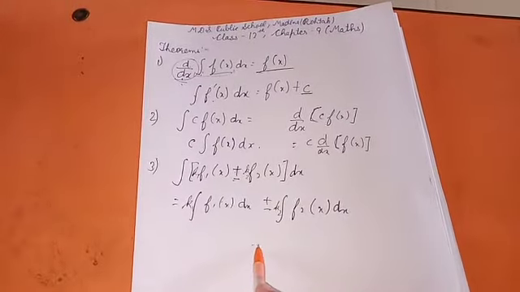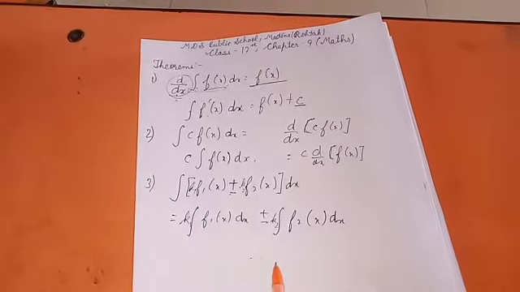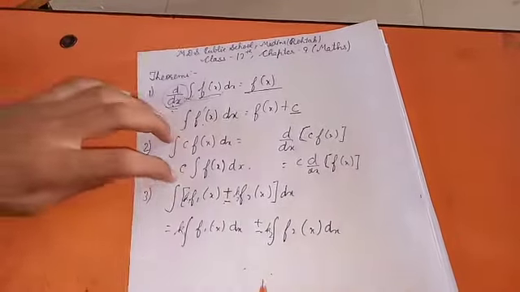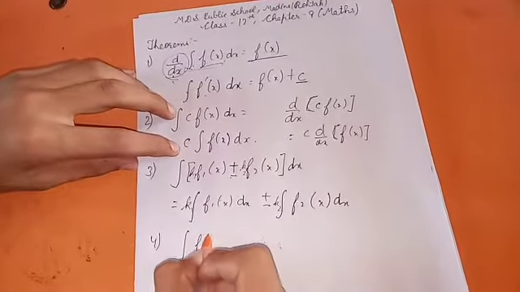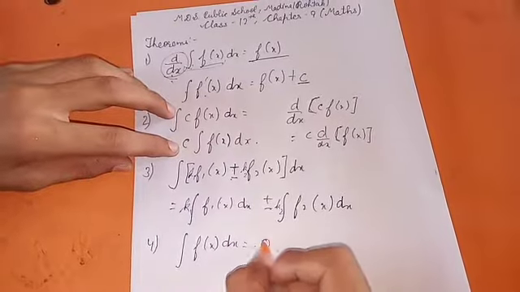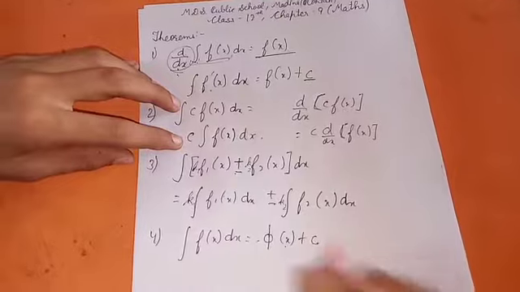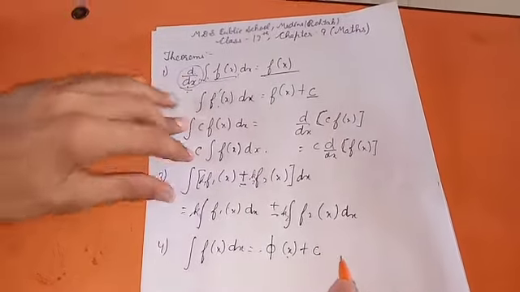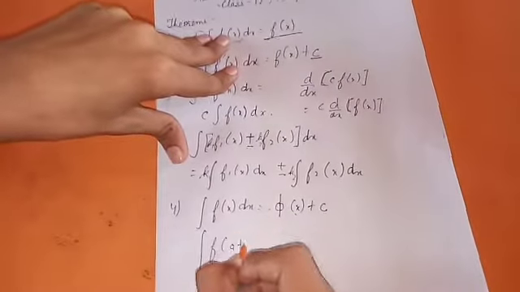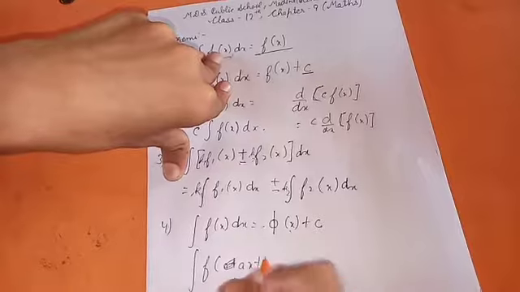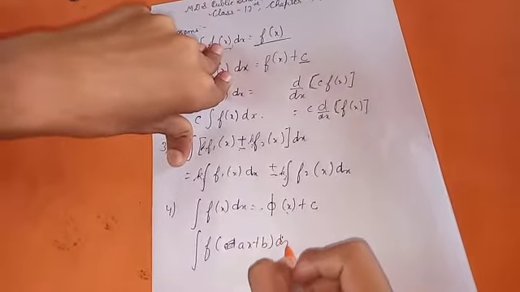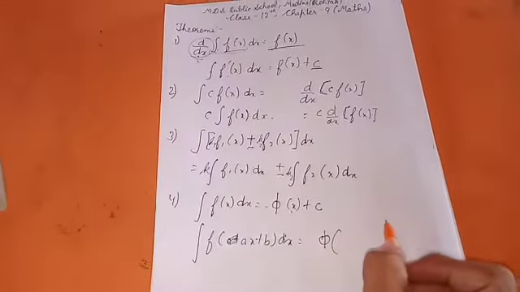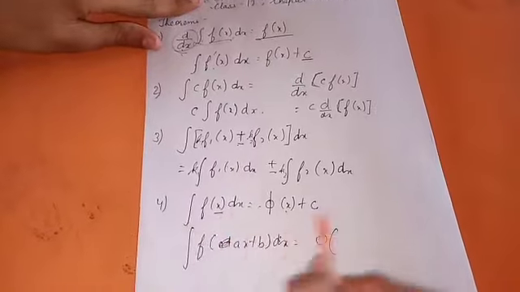Now fourth is, if integration of f of x dx is given as F of x plus c, then integration of f of ax plus b dx will be F into, now look, we had x here, so we got F of x.